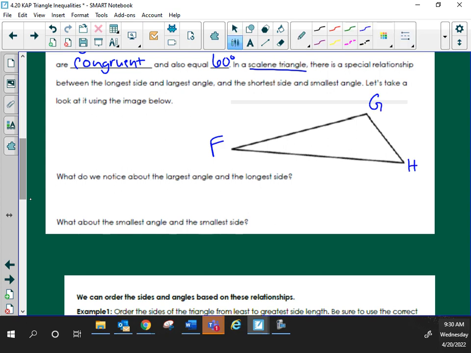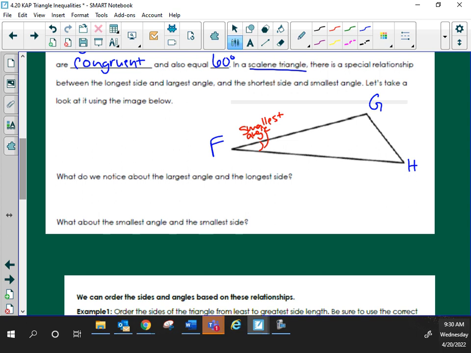Looking at that one, which looks to be the smallest angle? Angle F, I would say. I'm going to label it smallest angle. And therefore, yesterday we talked about which side should be the shortest.